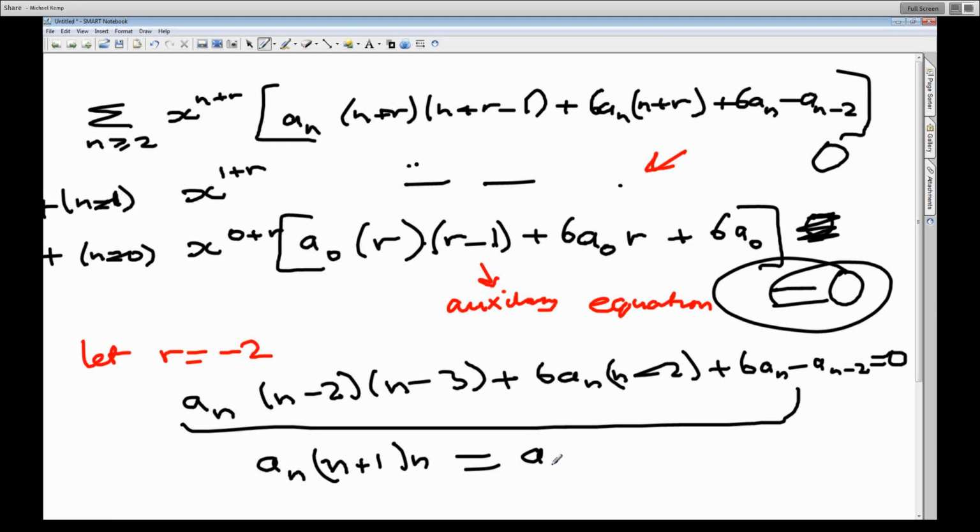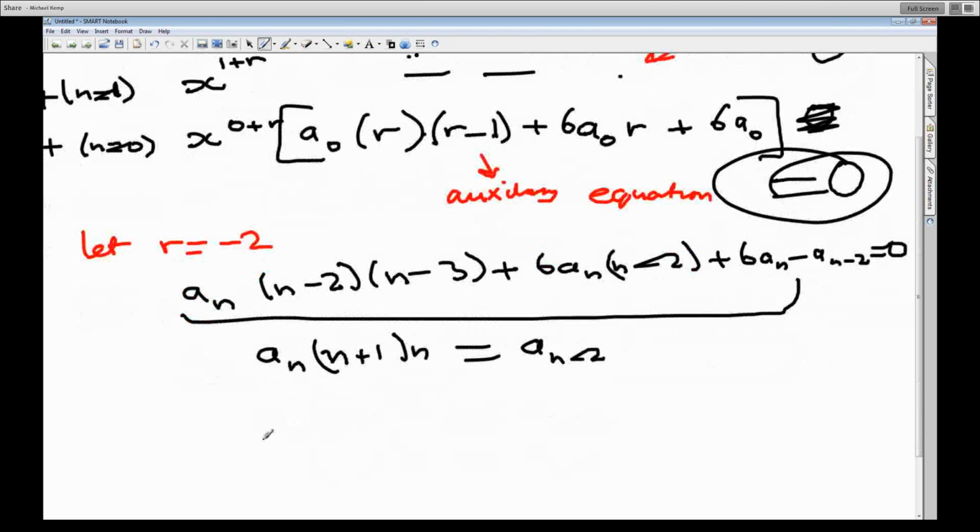So it simplifies down quite a bit in this case. A little bit of effort, and so you can see that A to the N is equal to A N minus 2 on N plus 1 times N.